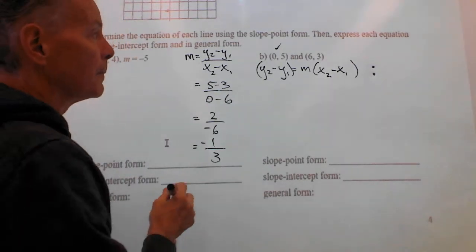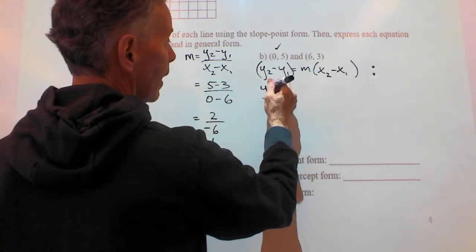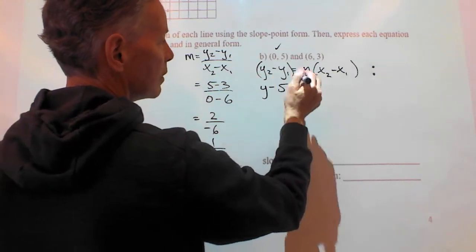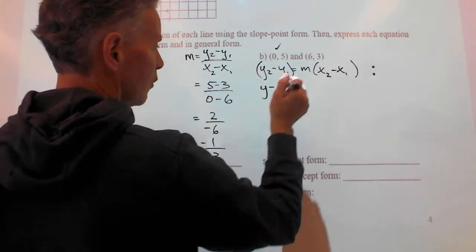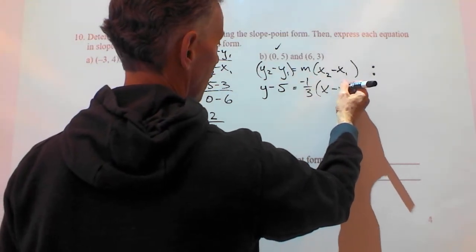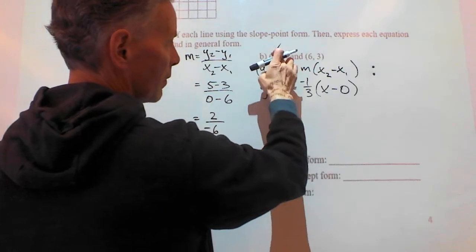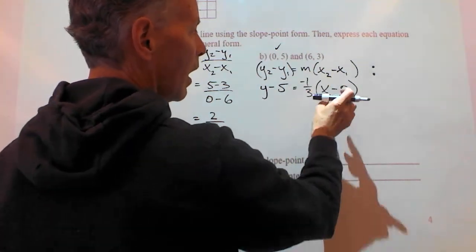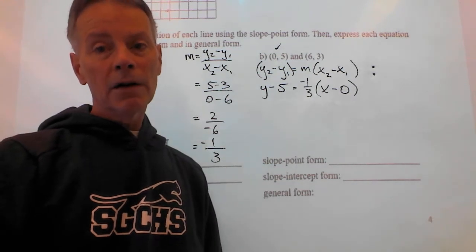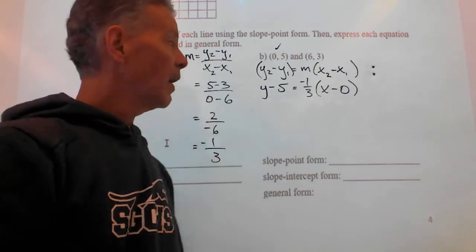Okay? So, y minus 5, again, notice that the sign changes, equals the slope, negative 1/3 times x minus 0. My x coordinate is 0, and again, that's going to make my life a whole lot easier, because if you add or subtract 0, it means nothing.